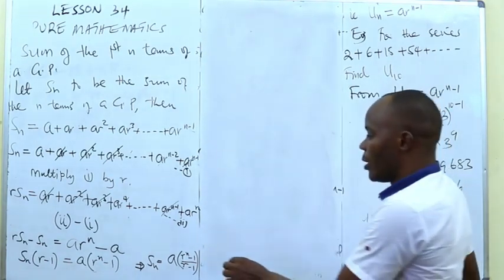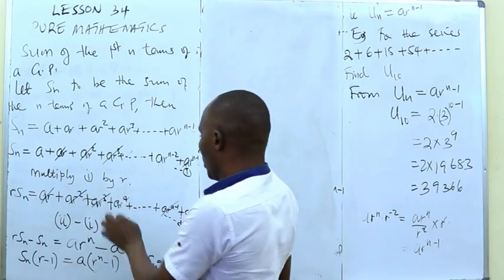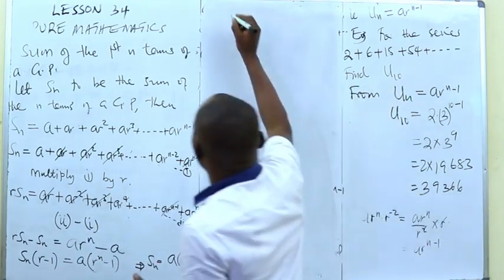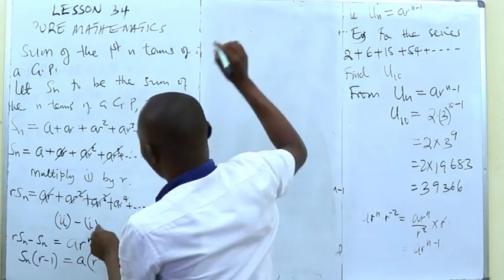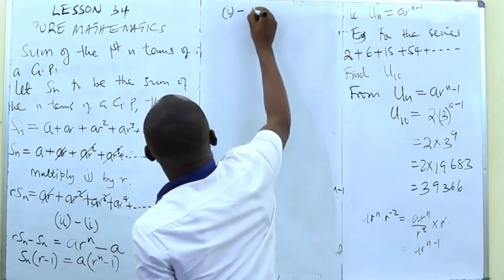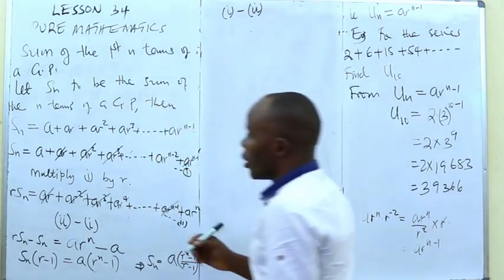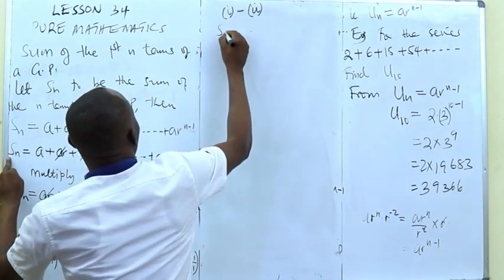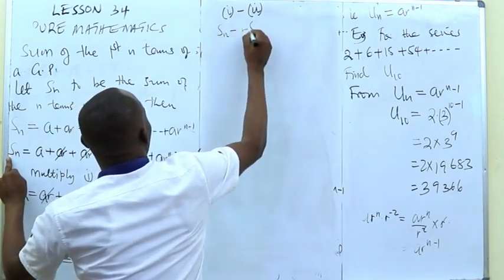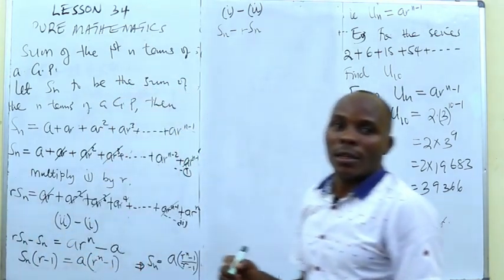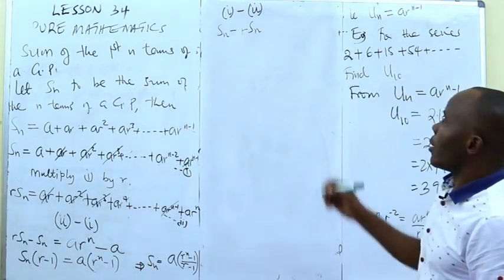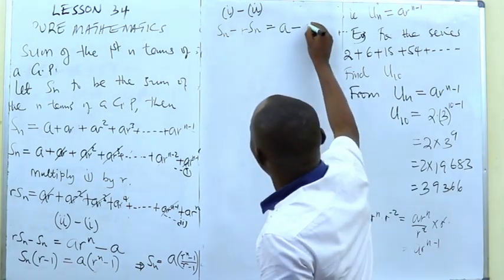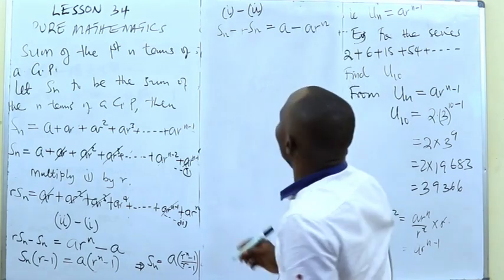I've subtracted equation 1 from 2, or it is 2 minus 1. What if I get equation 1 and take off equation 2? If I get 1 minus 2, I have Sn minus R Sn, which gives me A minus AR to the power n.